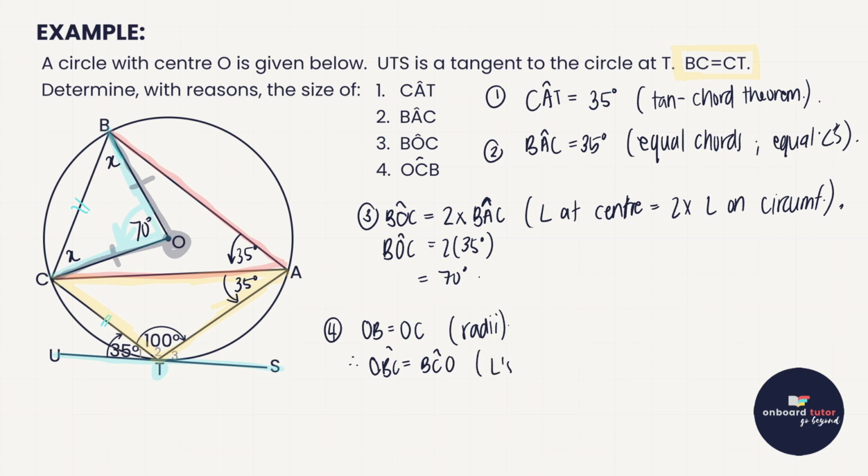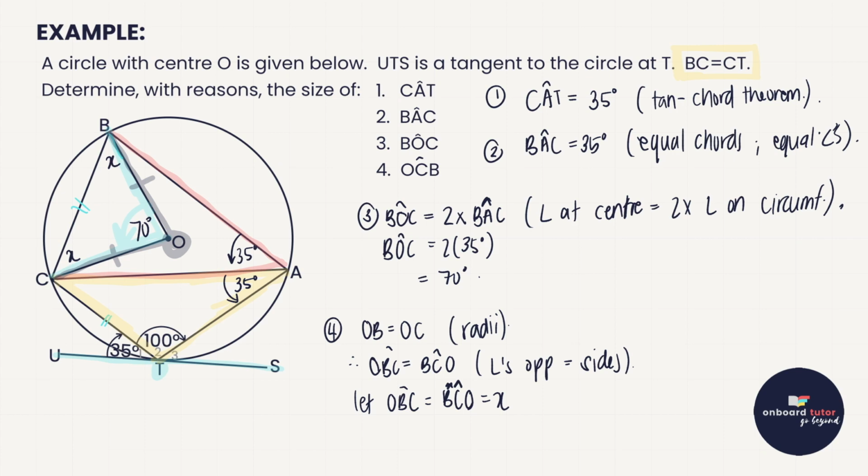The reason: angles opposite equal sides. If your teacher can see your sketch, you don't have to say this, but let's do it. So let angle OBC equal angle BCO equal x.